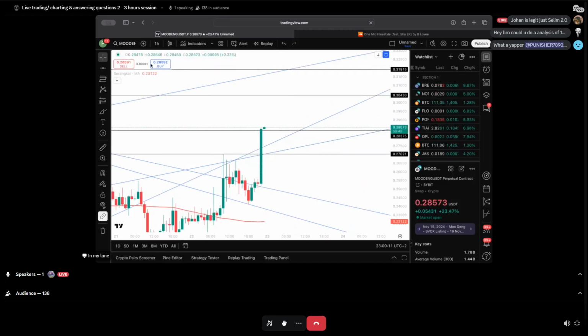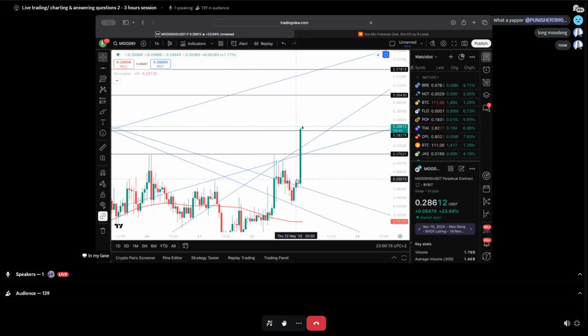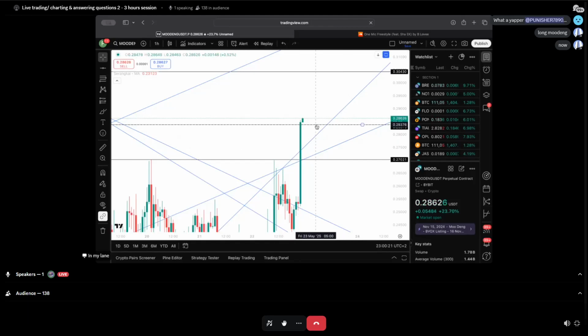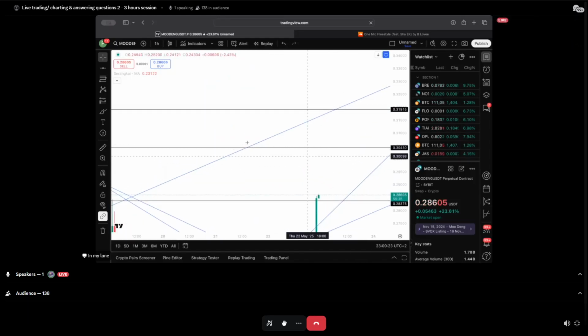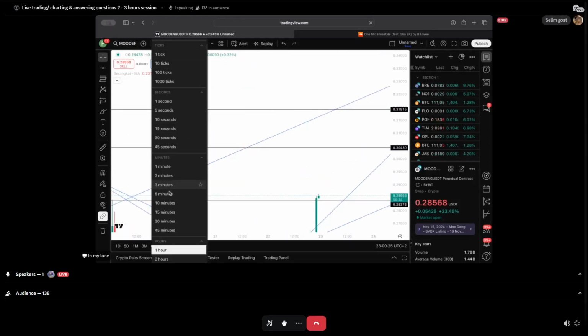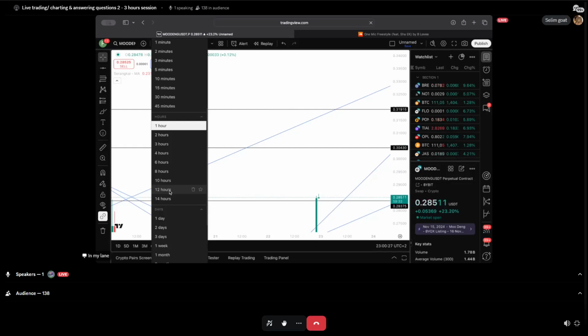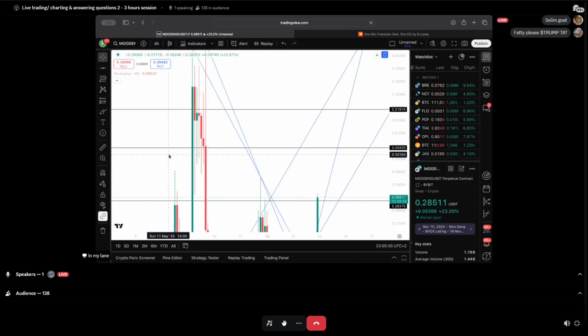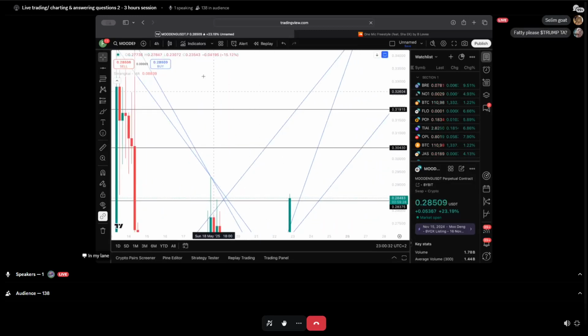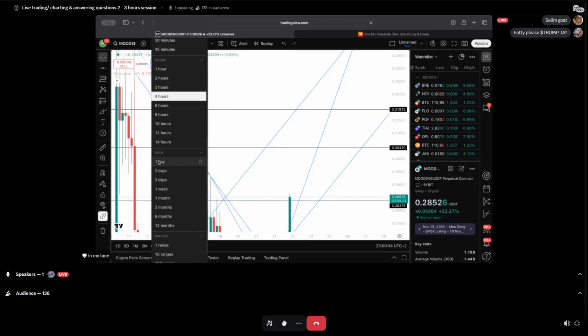And I'll be looking for the resistance across here, there also, and it closed above it right now. Next one is over here, but for me, I don't even trust these kind of coins, but if you do, you can long it now and place your stop loss way below.